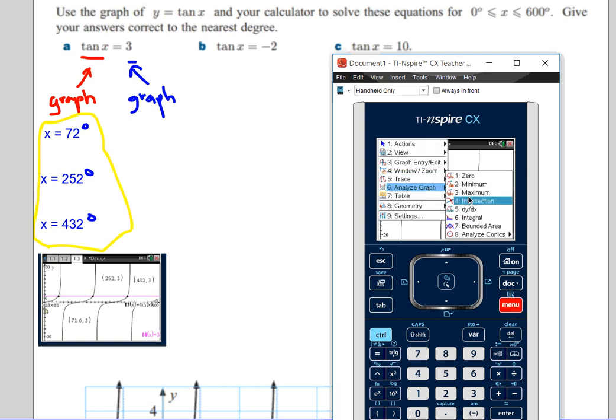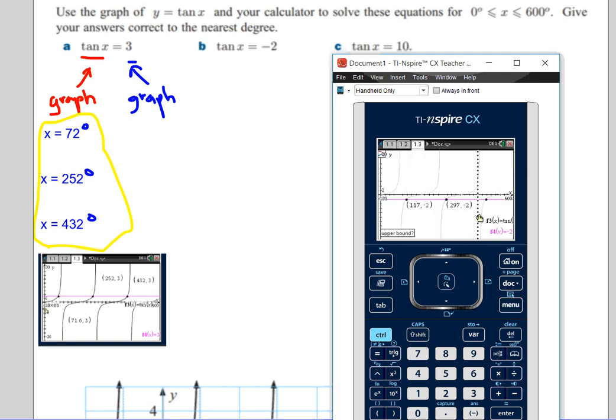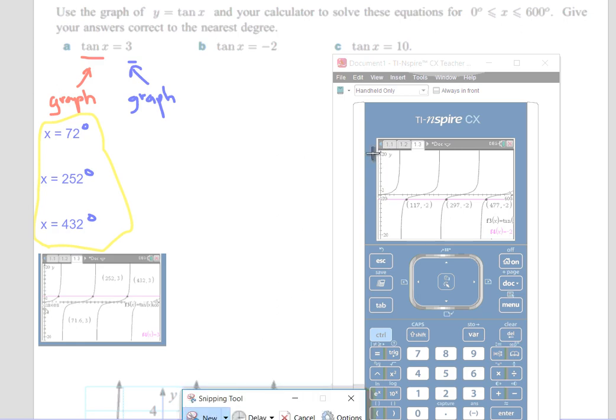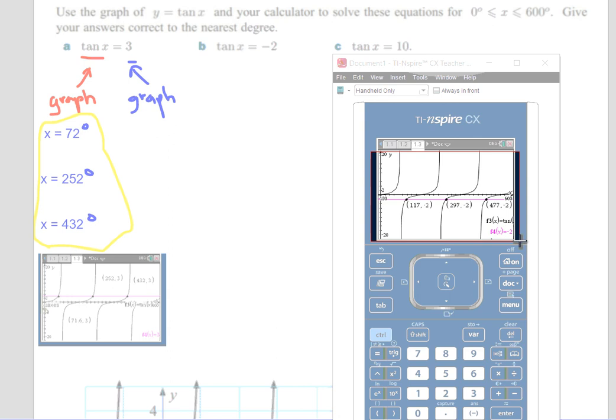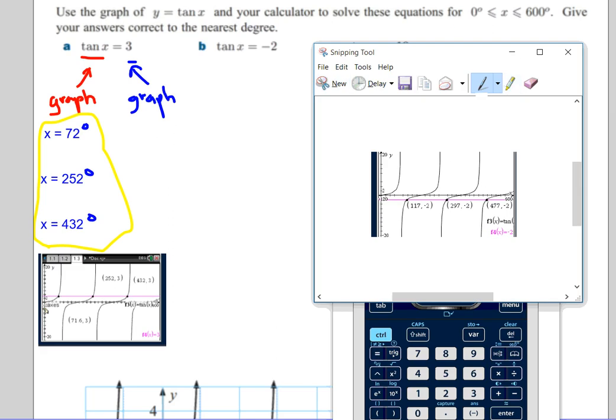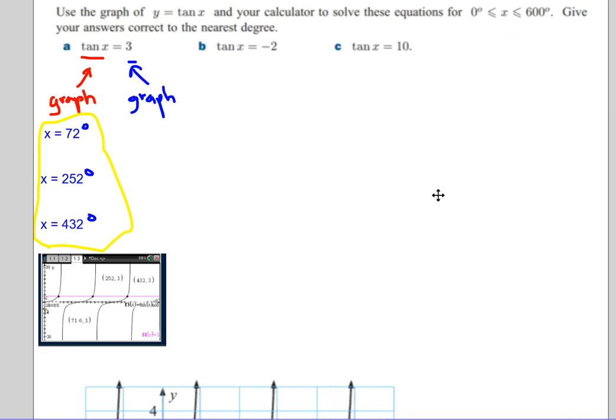So I'm going to take a quick snip of that. There we go. It's going to make it just easy for me to write my answers.